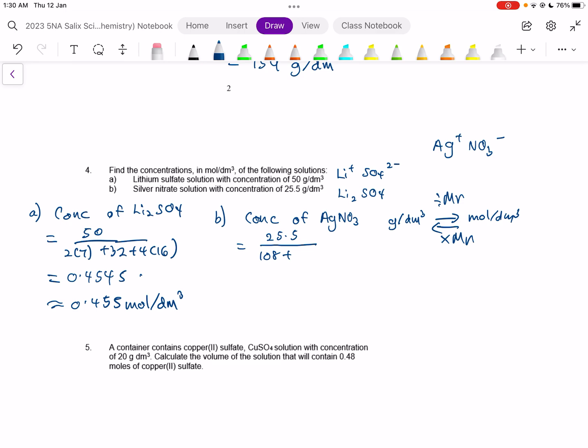Then nitrate is a polyatomic ion, you need to know it. So 14 plus 3 times 16. So 0.150 mole per dm cube. Everything is to 3 significant figures. Don't forget the unit of mole per dm cube in this case.